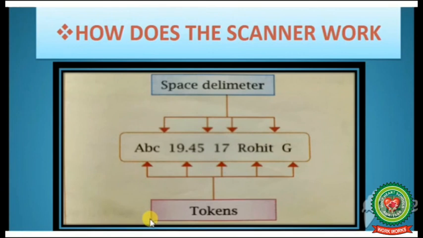So the Scanner class accepts the data from the keyboard with the help of space and it separates the data into tokens, and after that it shows the data on the screen. So this way the Scanner class accepts the data, breaks it into tokens and shows it on the terminal window. Clear, students?